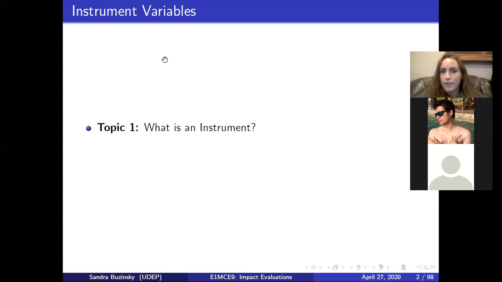Have any of you used instrument variables before, or maybe learned about them in an old econometrics class? Or is this fully new to some people? Yes, we've seen them before.